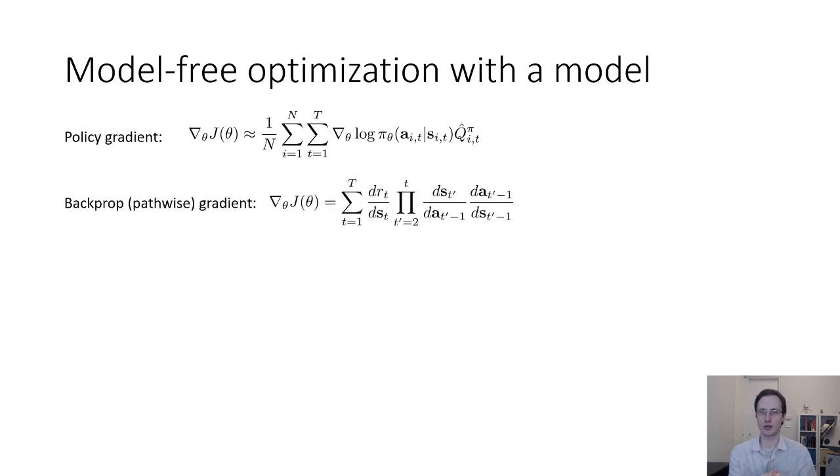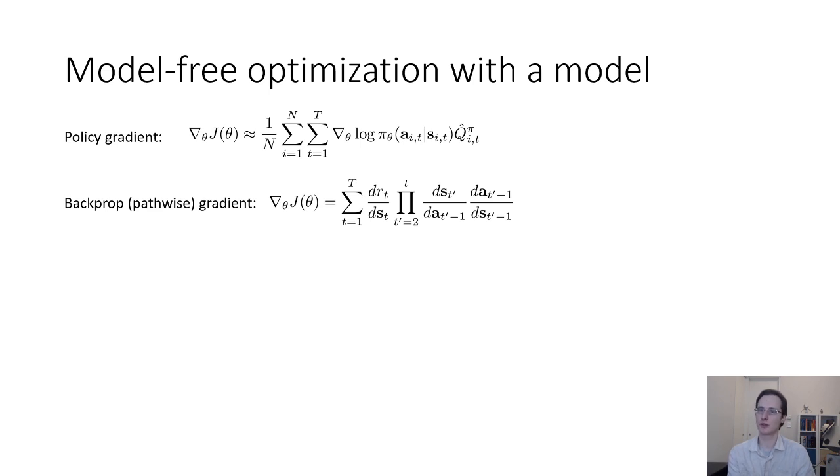The pathwise gradient that we discussed before in this kind of strawman model-based RL version 2.0 algorithm is computing the gradient of the same exact thing, especially if you use the reparameterization trick to handle stochasticity. So in a sense, the policy gradient and the pathwise gradient should eventually give you the same thing. And in fact, they do.